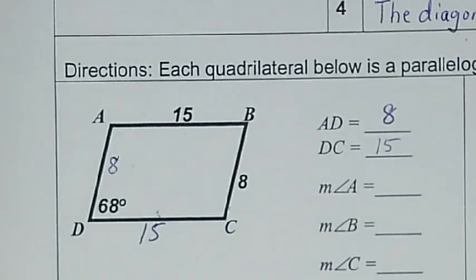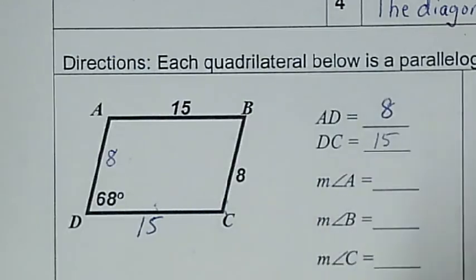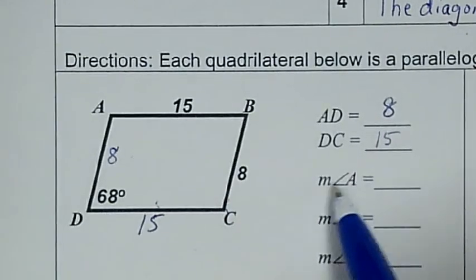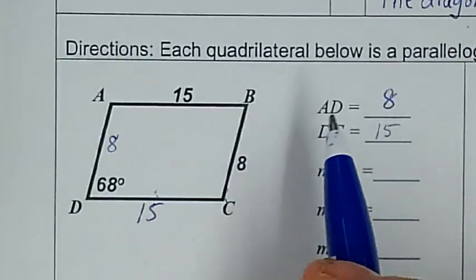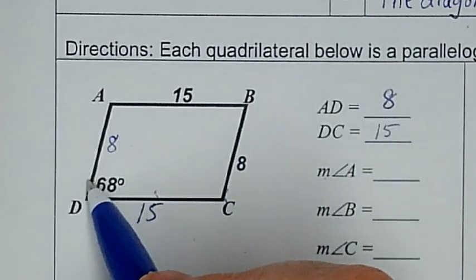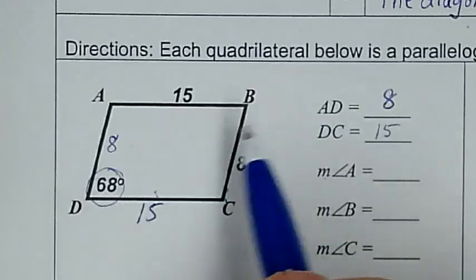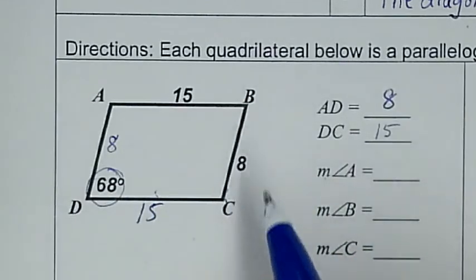Now it's asking for angle A. Well, angles C and A are congruent, but how do you find the numerical value for the measure of angle A? You have to go back and look at what they give you. They give you the angle D. Let's see what they say about angles.